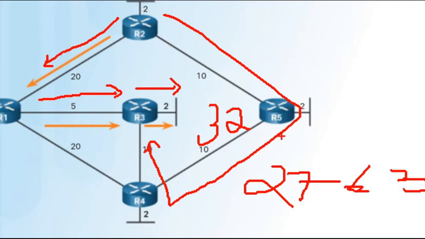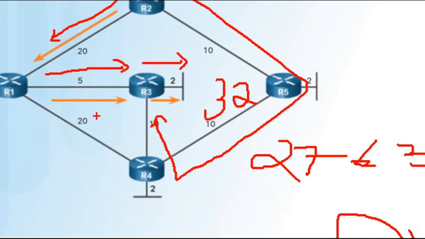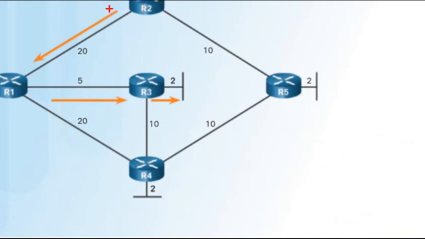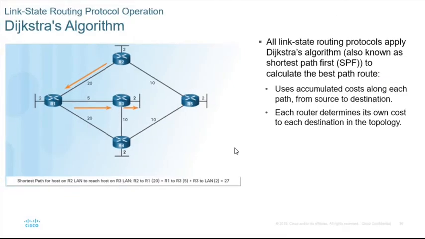So instead of taking this path, the Dijkstra algorithm of OSPF will always take the shortest path first, which is this path right here, depending on the cost value. So that's how the Dijkstra algorithm actually works. It uses the accumulated cost along each path from source to destination.